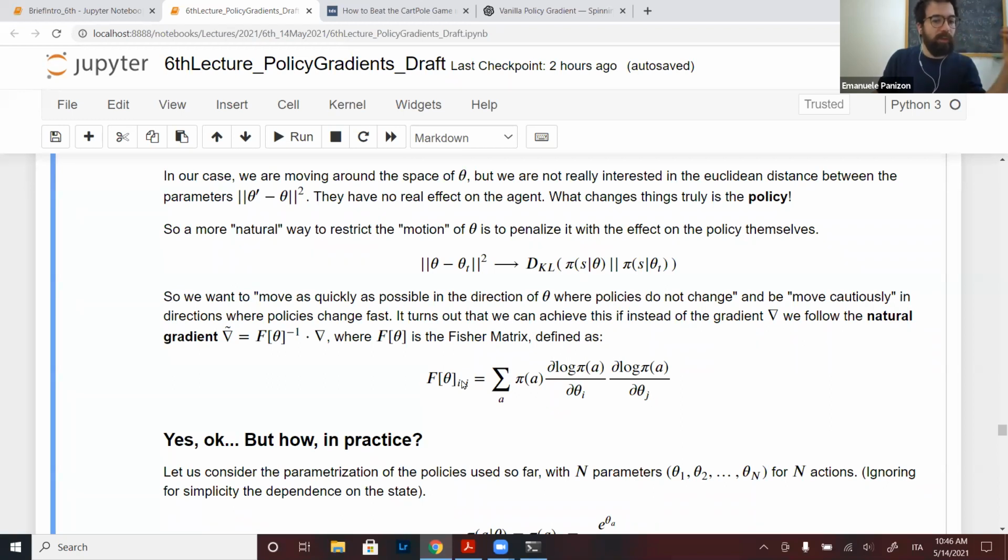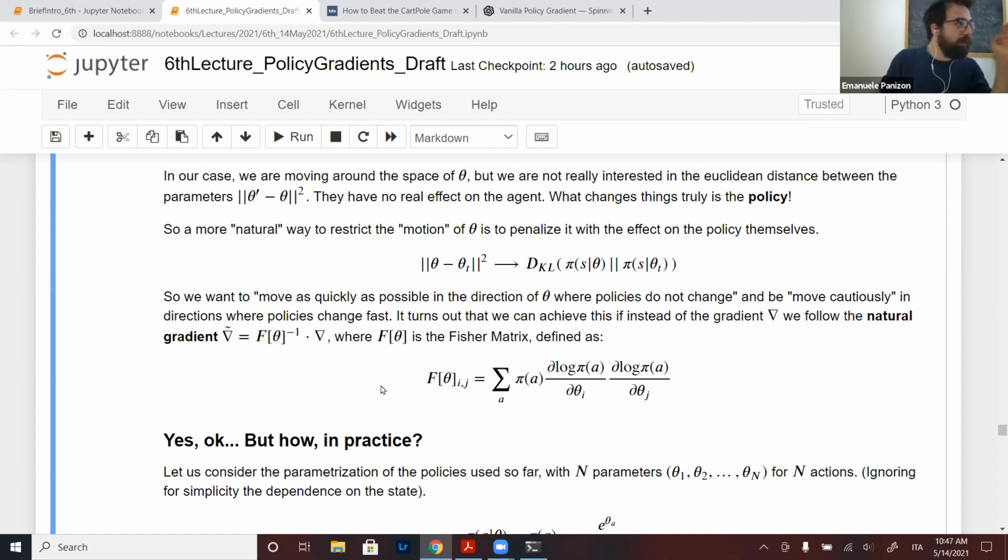So the Fisher matrix associated with a policy pi is the expected value, over the action, of the derivative of the logarithm of the probability with respect to parameter i, times the derivative of the logarithm with respect to parameter j. This is a single element of this F theta, which enters here.